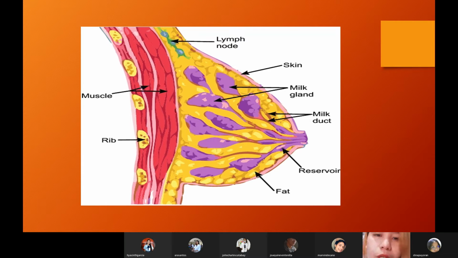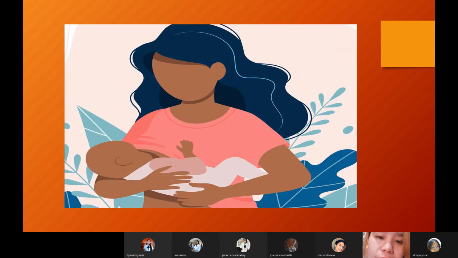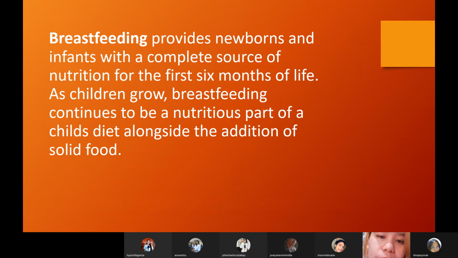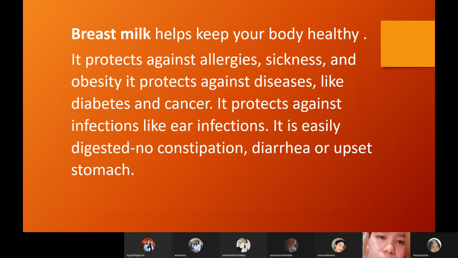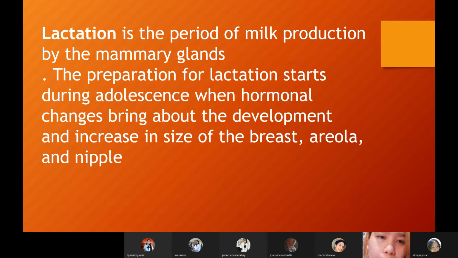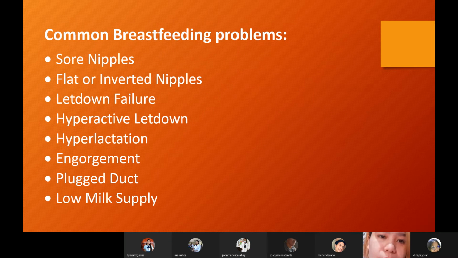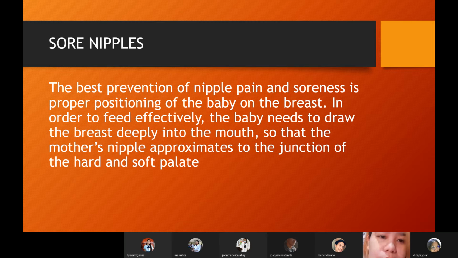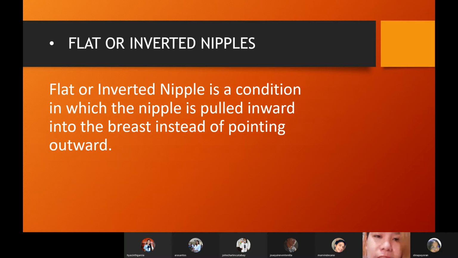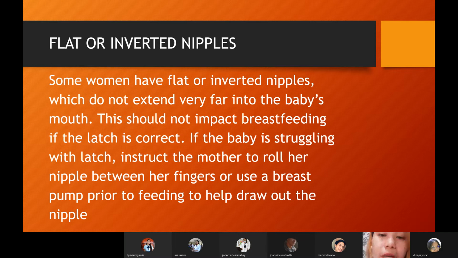So in flat or inverted nipple, some women have flat or inverted nipples. I also have a friend who is already a mother now, and her nipple is flat or inverted.